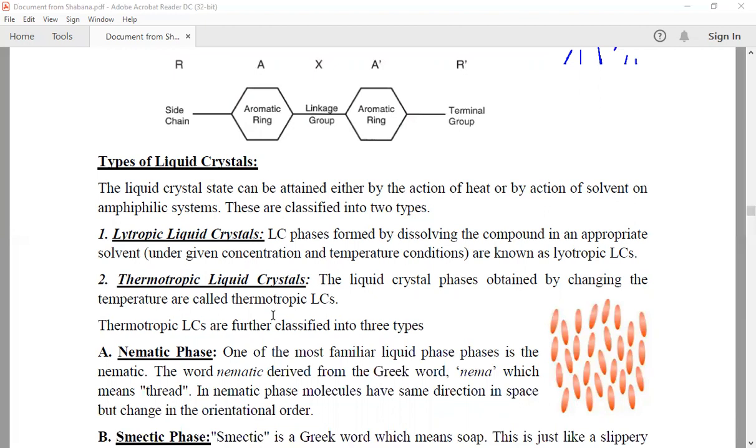Coming to the third type of liquid crystal, which is known as the thermotropic liquid crystal. In this, the liquid crystal phase is obtained by changing the temperature. That means, if the temperature is too high, thermal motion may destroy the ordering of the liquid crystal phase, pushing the material into a conventional isotropic liquid.